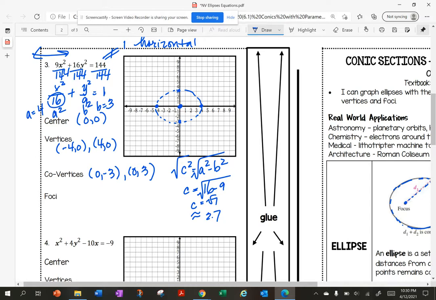So c is approximately 2.7, so 1, 2, 2.7, and 1, 2, 2.7. I am adding or subtracting from the origin, so this is plus or minus the square root of 7, 0.